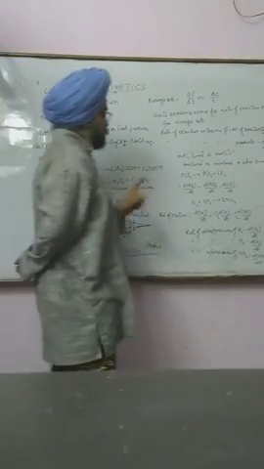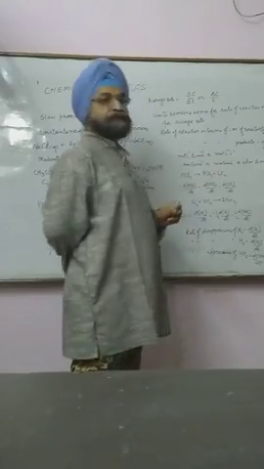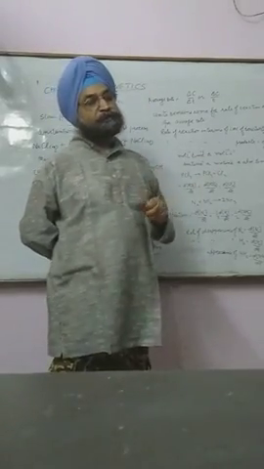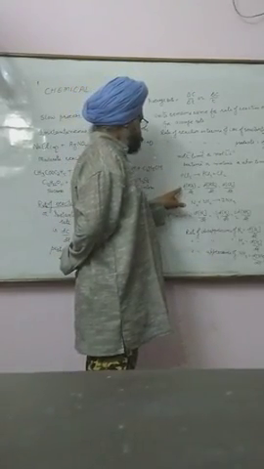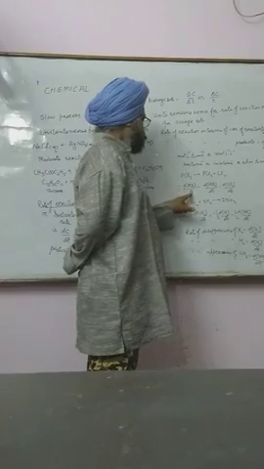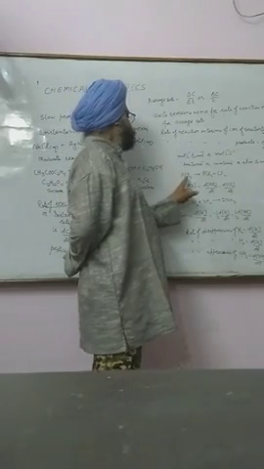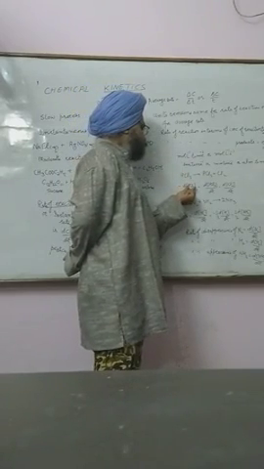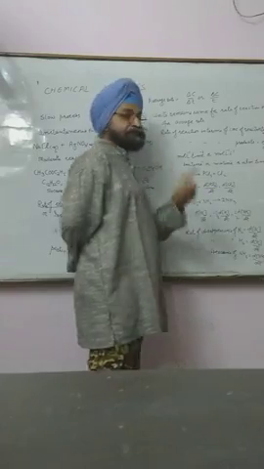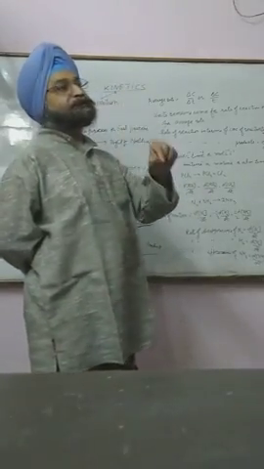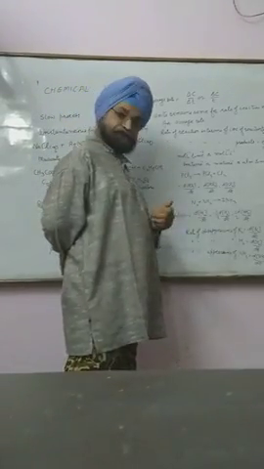Now let us take an example of decomposition of PCl5. How to express the rate of reaction in terms of the concentration of reactant? This comes out to minus d[PCl5] by dt, because PCl5 is the reactant and its concentration decreases with time. [PCl5] is the molar concentration of PCl5. The d outside means the small change in concentration of PCl5 in a small interval of time dt.